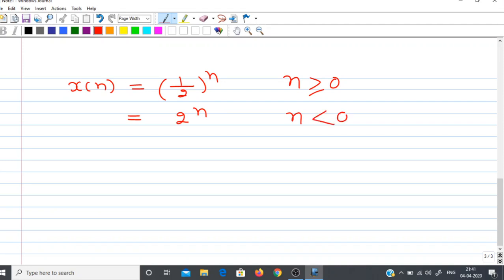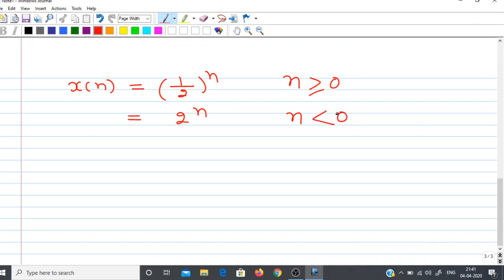So now we have x[n] is half to the power n for n greater than or equal to 0, and it is 2 to the power n for n less than 0.